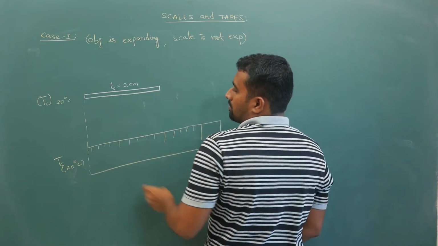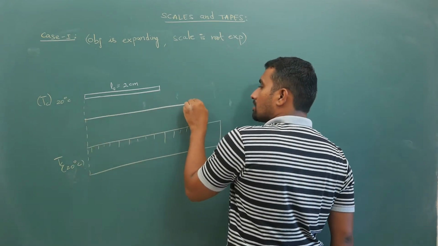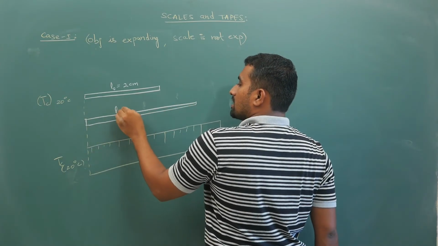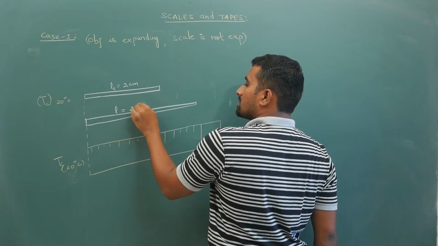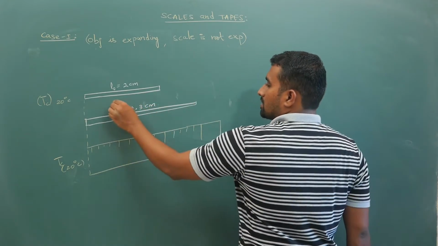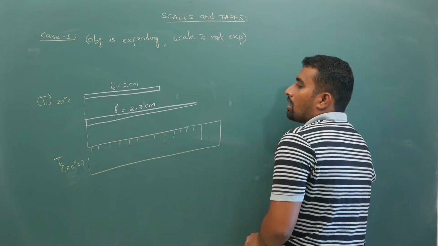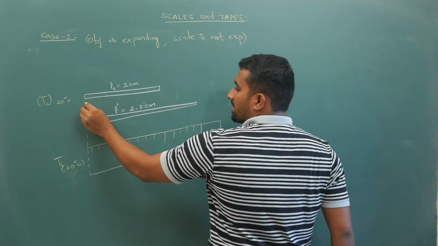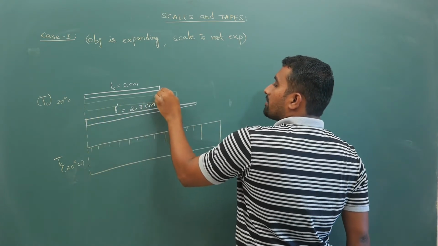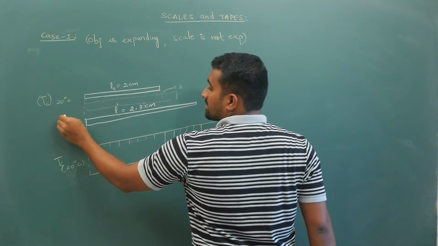Now you have heated this rod. Let us say your length after expansion is some 2.3 centimeter. This is your final length. How much will your scale show? Initially it will show 2 centimeter only, the measured value at 20 degrees centigrade.